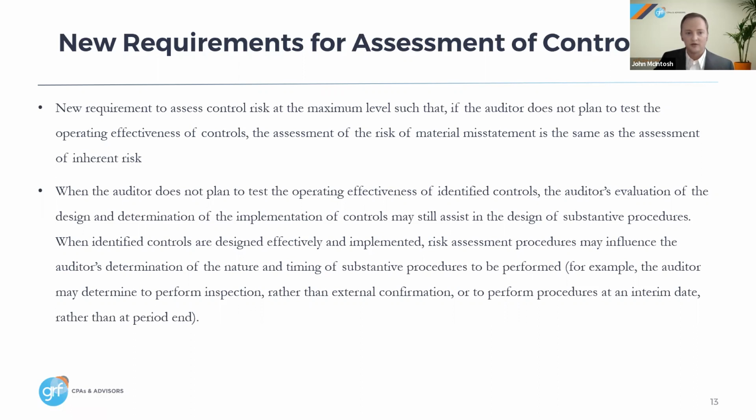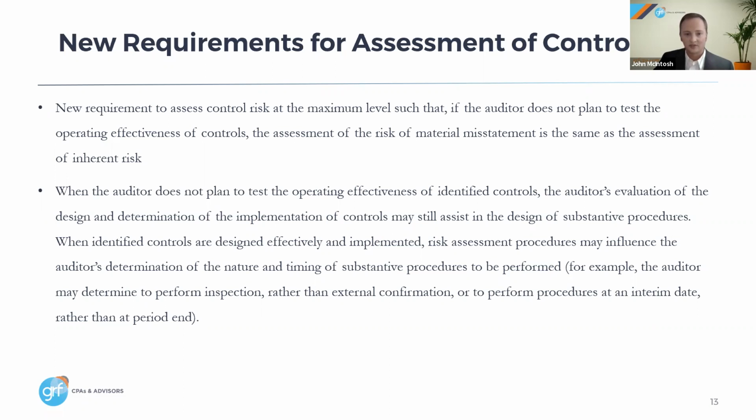There are also new requirements for the assessment of control risk. As has always been the case, if the auditor does not plan to test the operating effectiveness of internal controls, SAS 145 requires that control risk, or CR, be assessed at the maximum risk level.